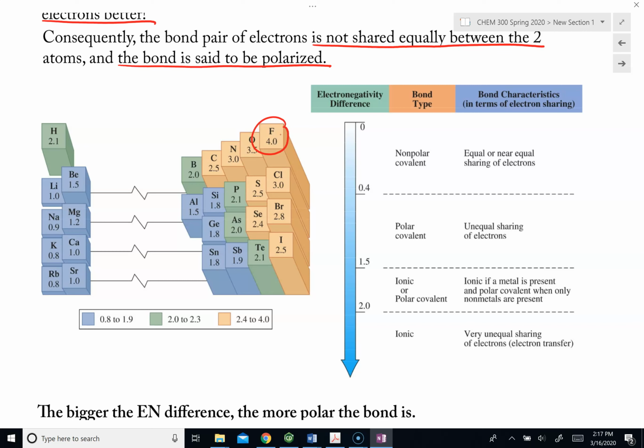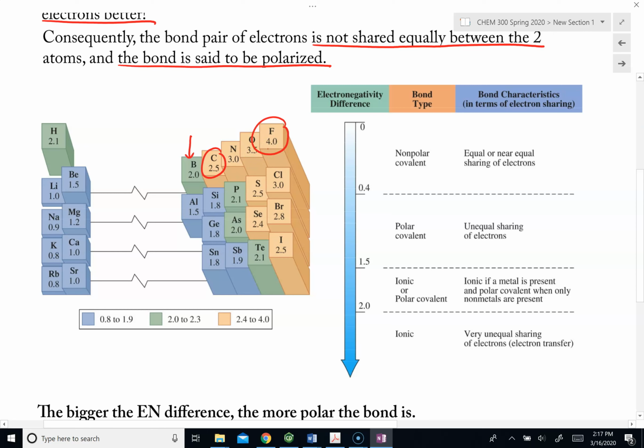Now, it's important that we understand the trends in electronegativity. Looking at some of these elements, going from boron, its electronegativity is 2.0, carbon is 2.5, nitrogen is 3.0, oxygen is 3.5, and fluorine is 4.0. Clearly, we see a trend.